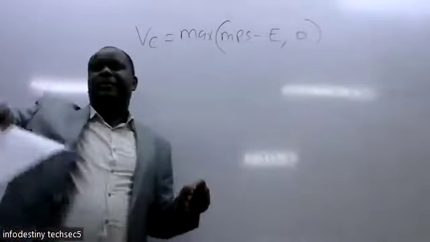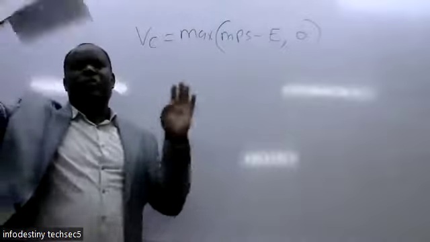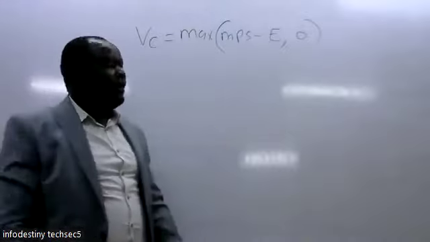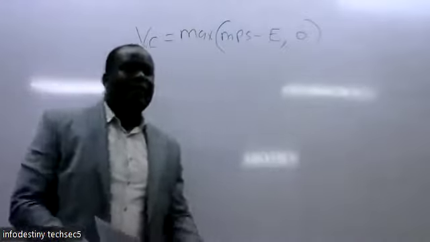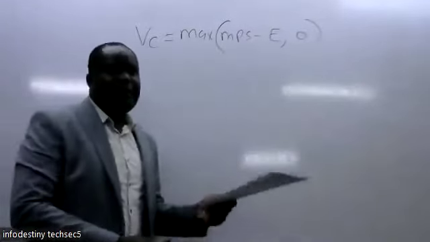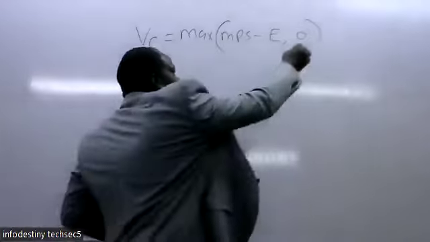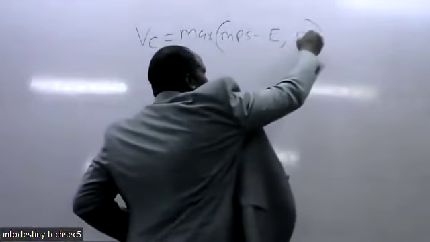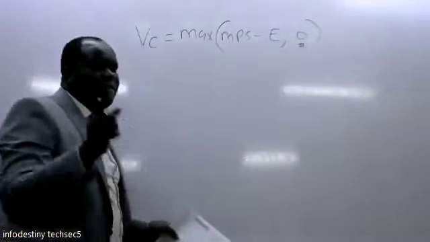So there is no limit upwards, it can go to any point, but the minimum should be 0. If you get a negative, make it equal to 0.